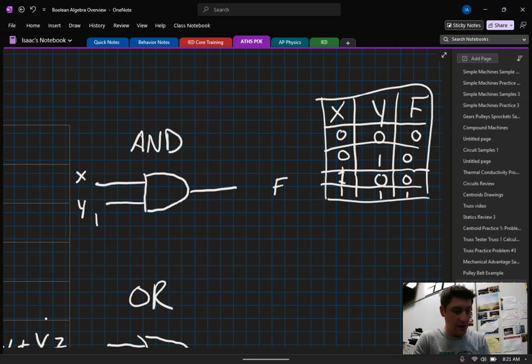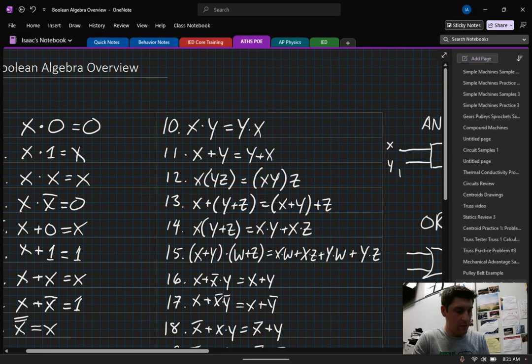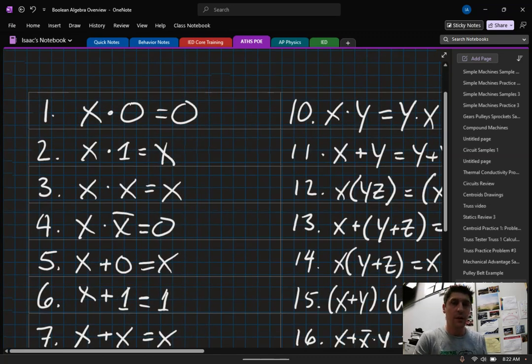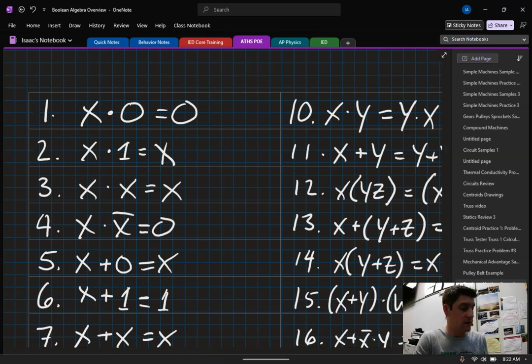So that means that any time that x equals 0, I get 0 from my output out of an AND gate. And we can see that play out over here in our Boolean expressions, the first four rules. So if y is 0, it doesn't matter what x is, I get 0.